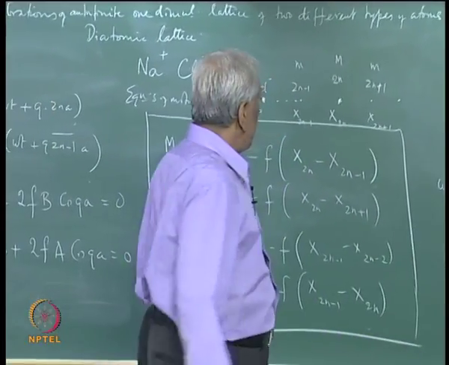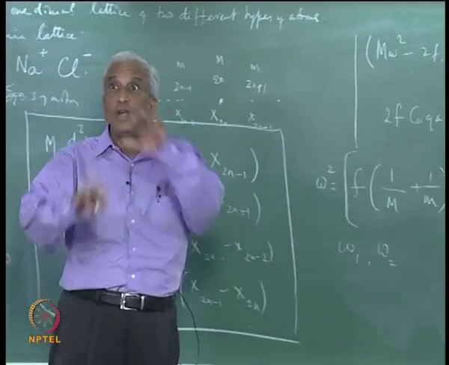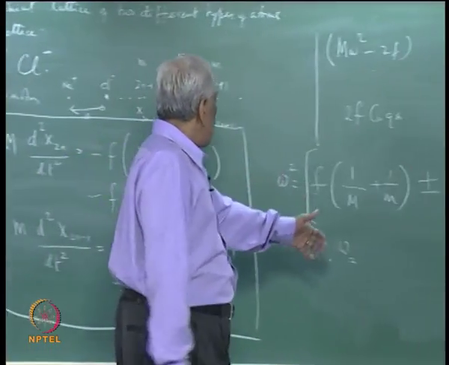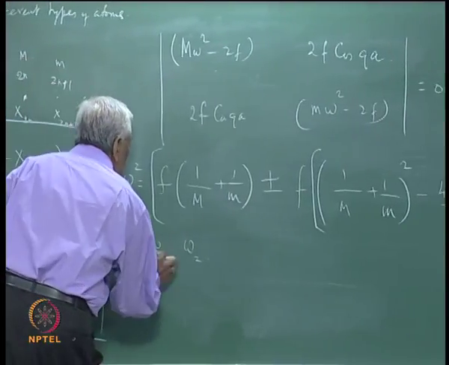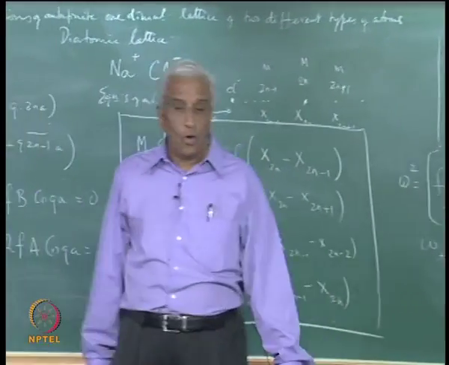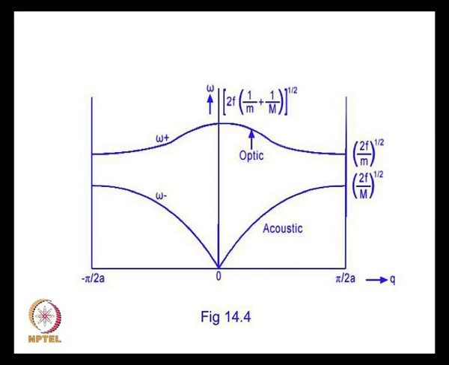So, we will have dispersion curves which will have two branches corresponding to omega 1 and omega 2, or omega plus and omega minus. This can be plotted just like in the case of the monatomic solid. This gives the normal modes of vibration of a diatomic lattice, an infinite one dimensional diatomic lattice.